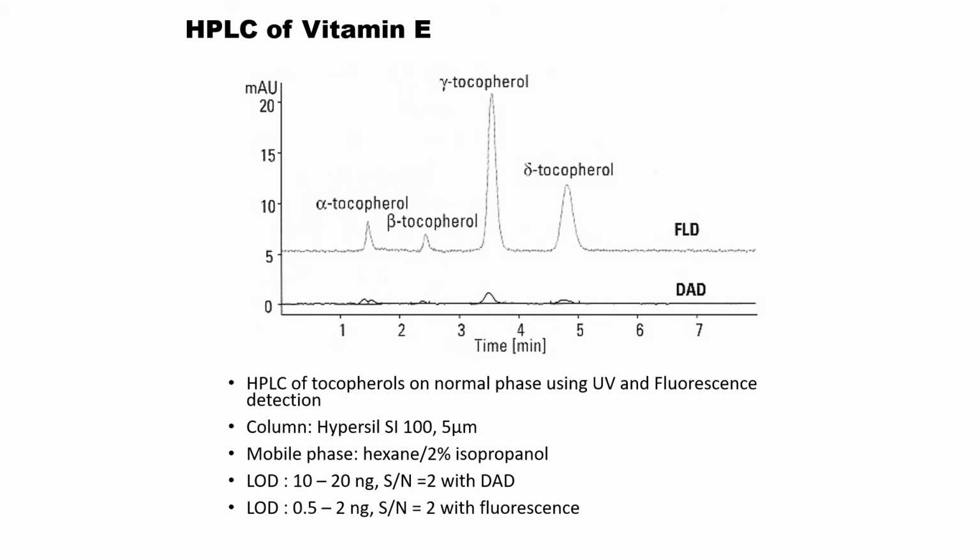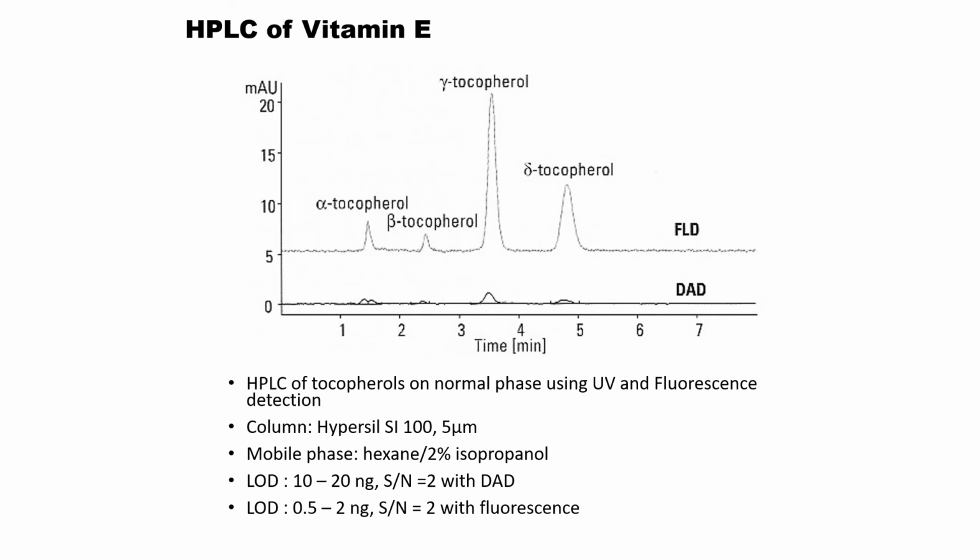For example, this is another one, the HPLC chromatogram of vitamin E. This chromatogram shows four peaks of the vitamins, separated well. They also compare different detection methods.